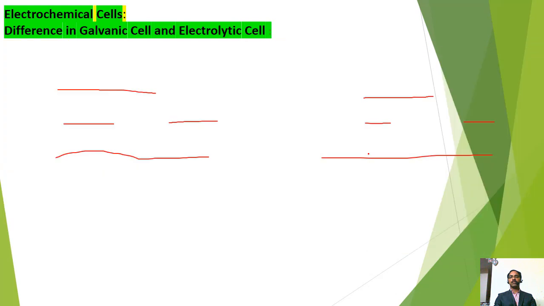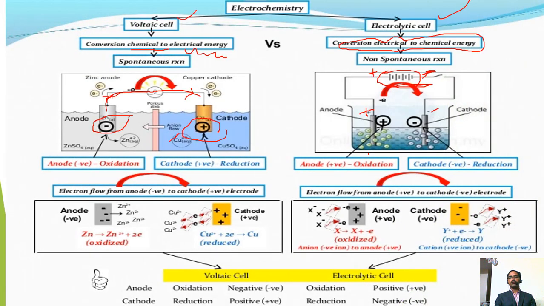You can see the figure again. See here, at anode, the anions are going and discharging at the positive charge, and cations go to the cathode and discharge that charge, receiving electrons, forming neutral particles. In case of electrolyte, at two electrodes forming neutral particles.